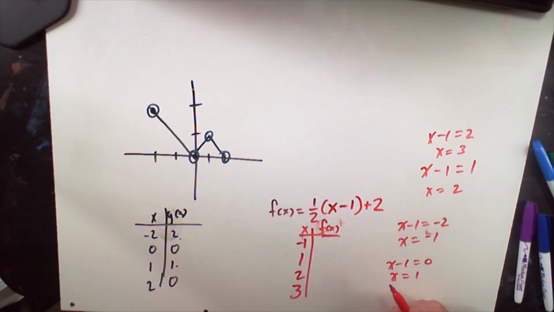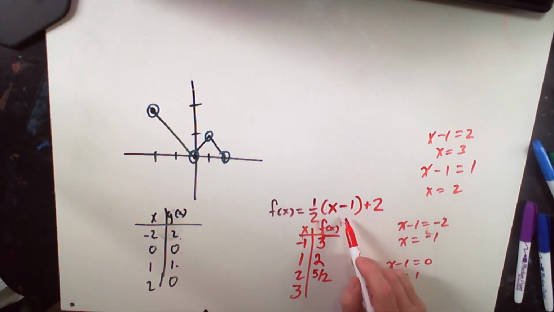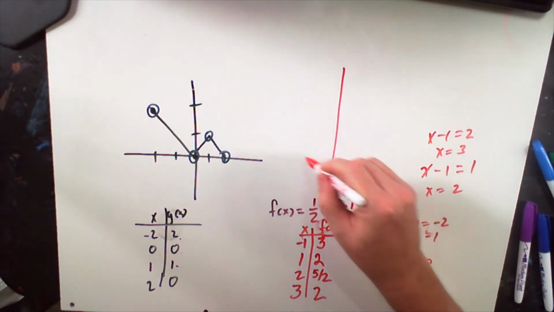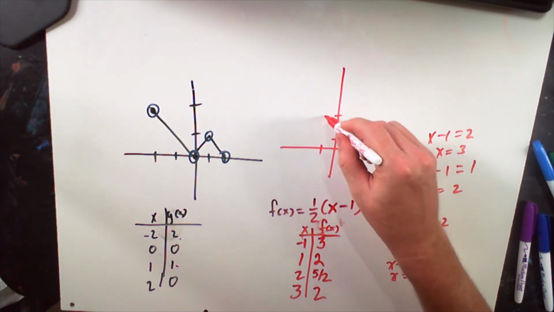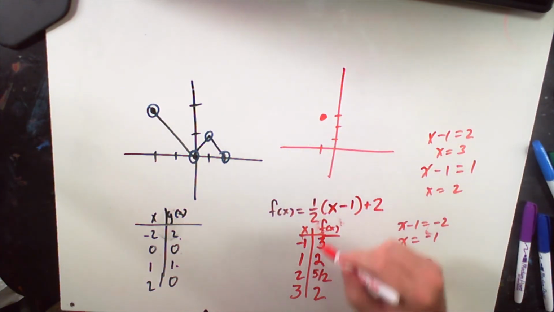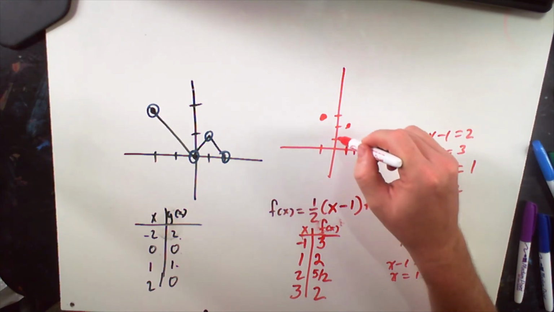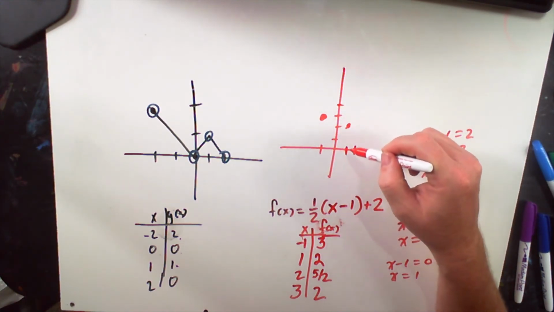2 times 1 half is 1, plus 2 is 3. 0 times 1 half is 0, plus 2 is 2. 1 times 1 half is 1 half, plus 2 is 5 halves. 0 times 1 half is 0, plus 2 is 2. 5 halves would be 3 and a half.